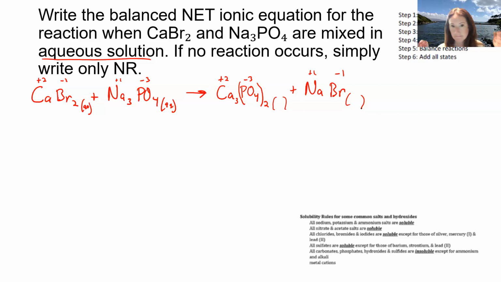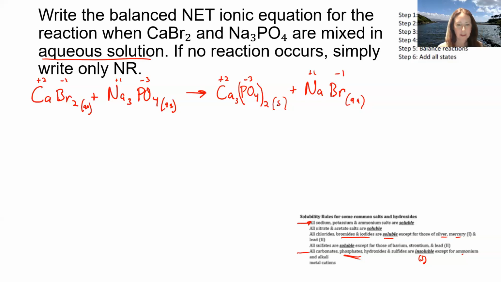Otherwise, no reaction. So bromides are soluble except none of our exceptions. AQ, or you could have done this one too. All sodium is soluble, that can work too. Phosphates are down here. Phosphates are insoluble except ammonium and metal. That's not an exception, solid.